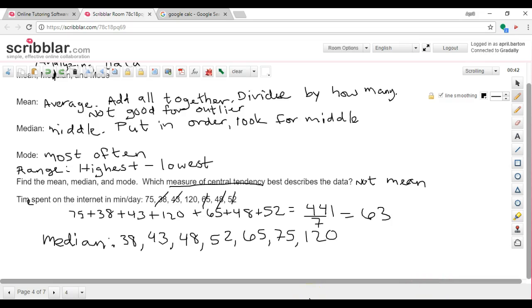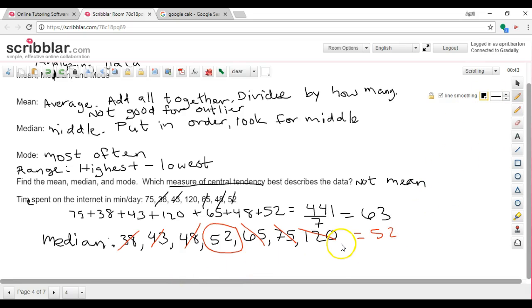We're looking for the number in the middle. I cross out the first and the last, working my way from the outside in until I'm left with hopefully one number. It is possible you might be left with two numbers. Right now we are left with just 52. So the median is 52.